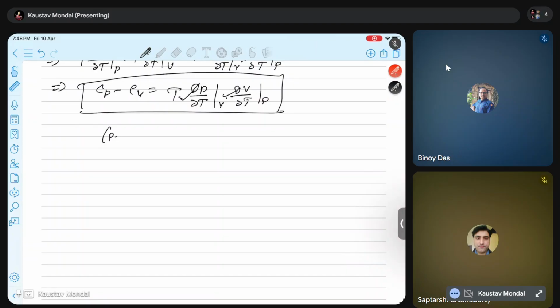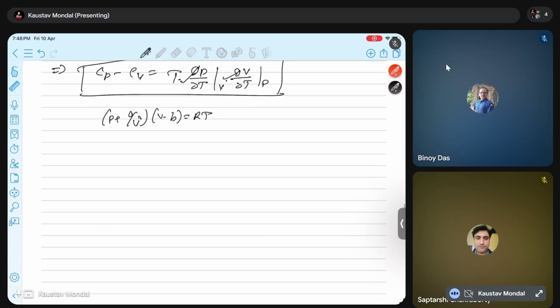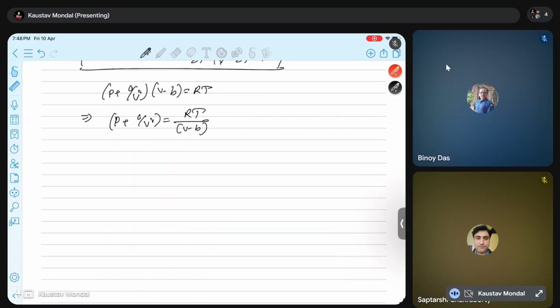P plus a by V square into V minus b equals RT. First we will find del P del T. So write it like this: P plus a by V square equals RT by V minus b. Now from here, if we take the derivative, del P del T at constant V equals R by V minus b.